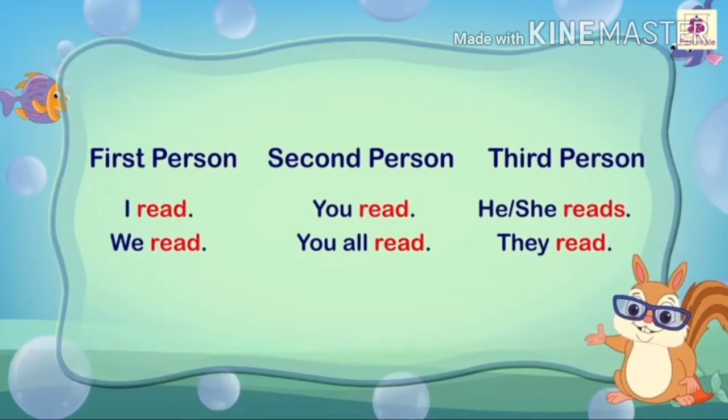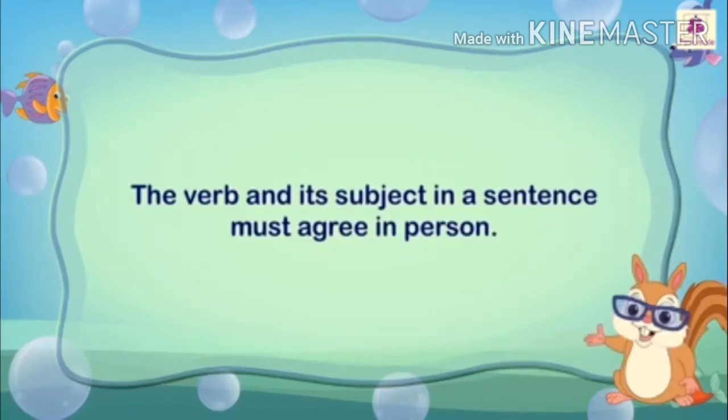You'll notice first person I and second person you are exception here. They agree with the plural verb read, whereas he, she, it means the third person agree with a singular verb.